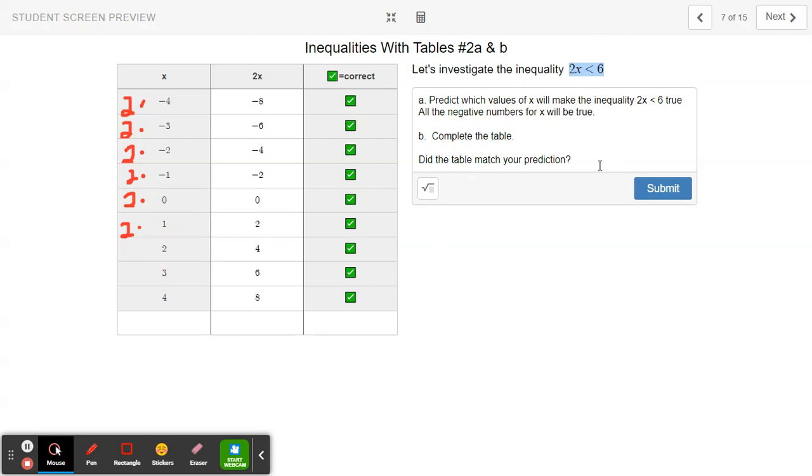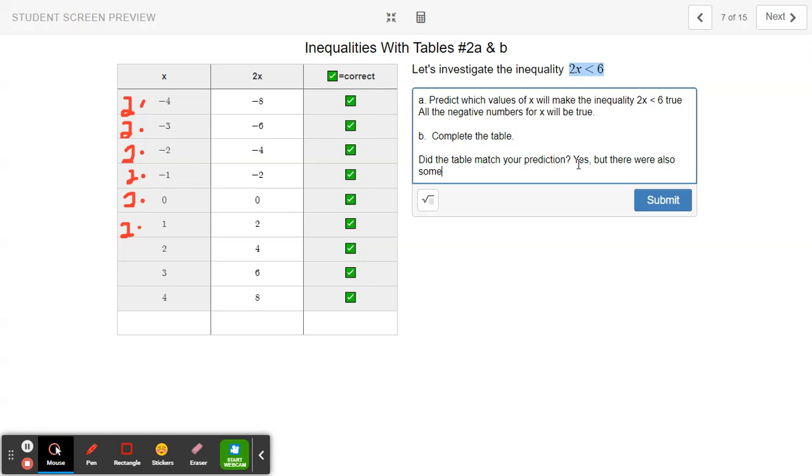So did my table match the prediction? Yes, but there were also some positive solutions for x that worked, like 1, 2, and 3. Well, I guess 3 didn't work. Like 1 and 2, because when x was 1 and x was 2, the answers were also less than 6.